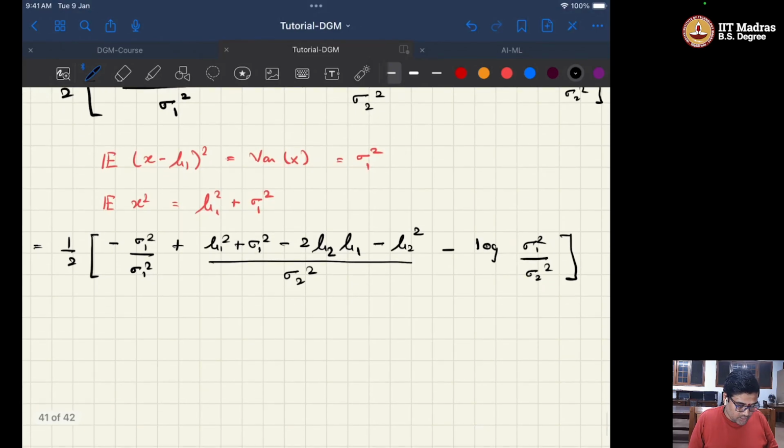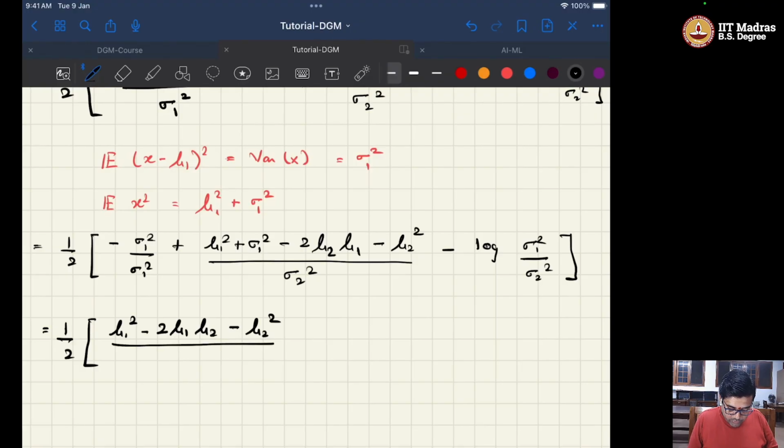Now we can rearrange the terms. Now this is half of mu 1 square minus 2 mu 1 mu 2 plus mu 2 square, divided by sigma 2 square, plus sigma 1 square divided by sigma 2 square.